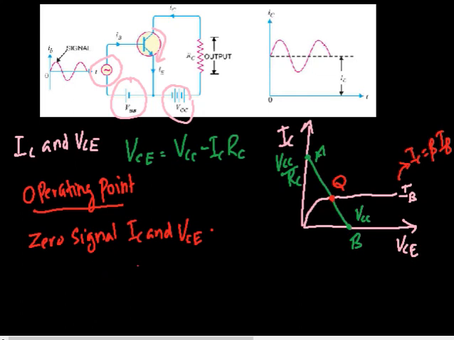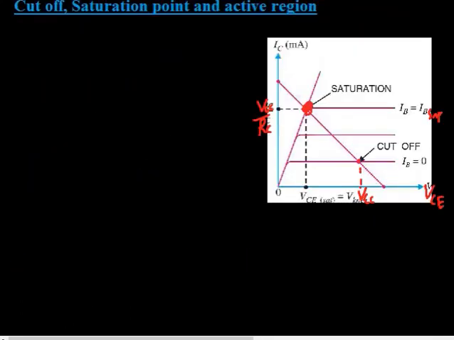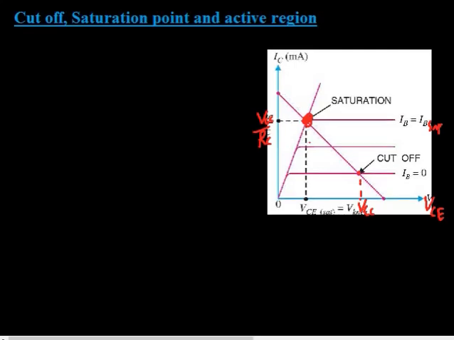For that, let's consider the output characteristics and DC load line in the same diagram. This diagram represents the output characteristics for different values of base current and the DC load line.